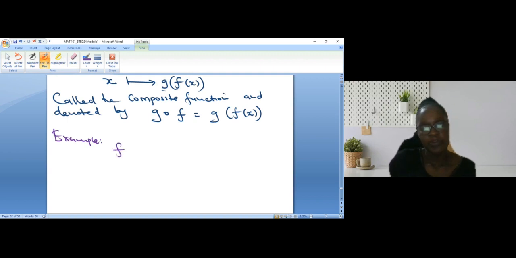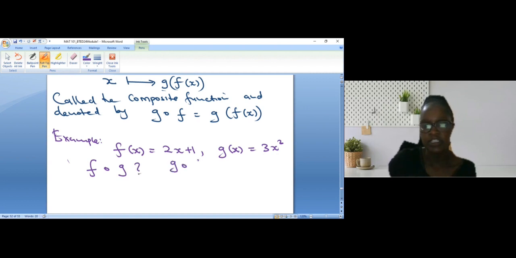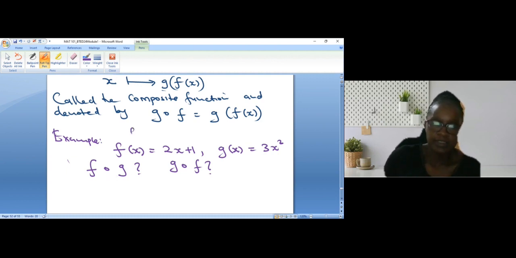Say, for example, you're given f of x is 2x plus 1, and you're given g of x is 3x squared. Can we find f composite g? Can you find g composite f? In this case, for the domain, we notice that they are both real valued functions, no restrictions.